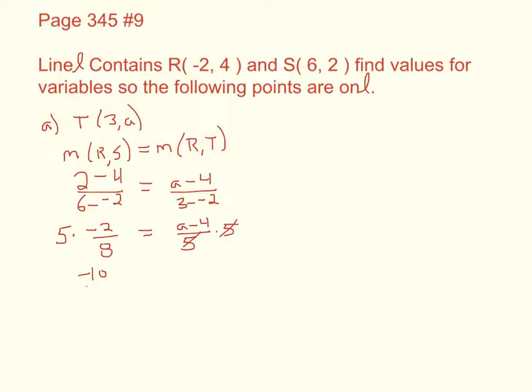So we get negative 10 over 8 is a minus 4. And then the a is, we're subtracting 4 from the a. So to undo that, we're going to add 4.